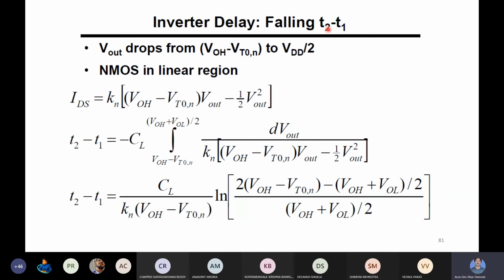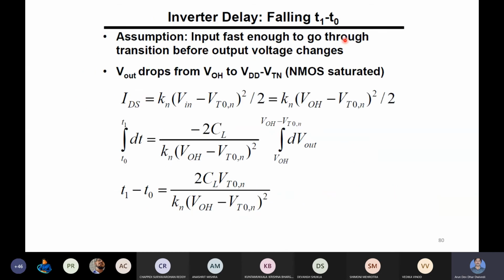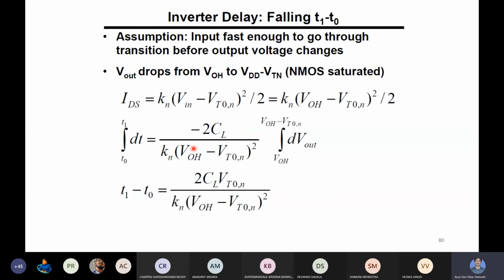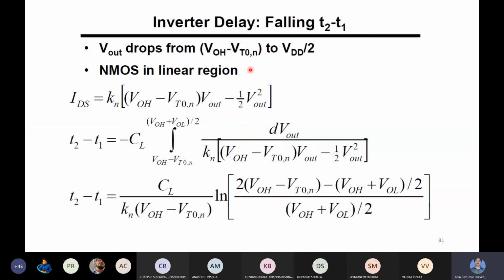Similarly, the delay between T2 and T1. This second part we are calculating, T2 and T1. In this region, the NMOS transistor is considered to be in the linear region, so the linear region equation we can consider for the second part.